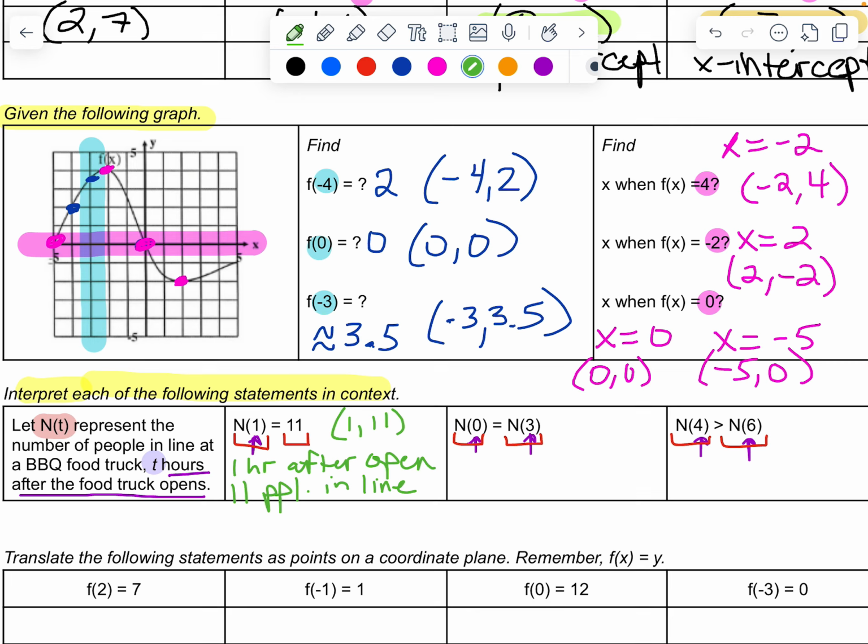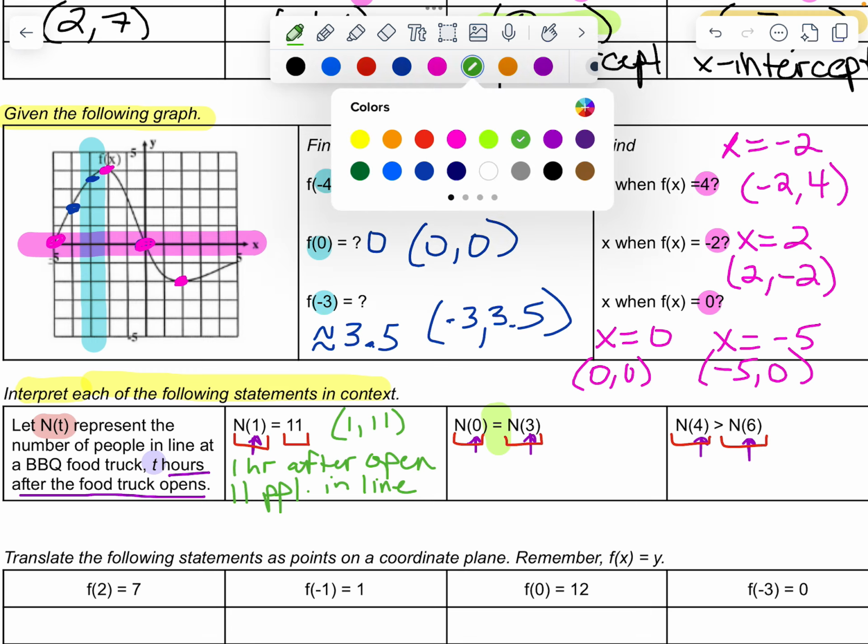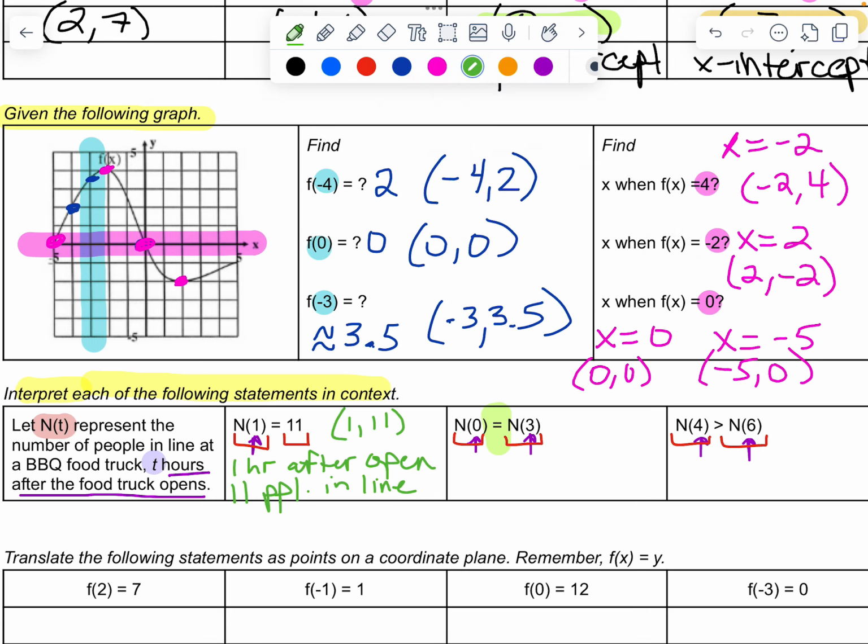And they must be, wait for it, the same because of that equal sign. So we'll go ahead and mention that. At open, which we know is 0 hours, is equal to 3 hours after open.